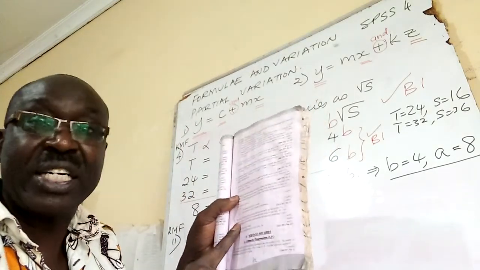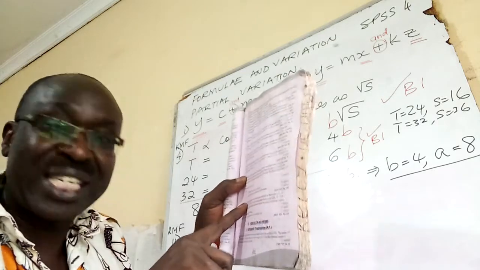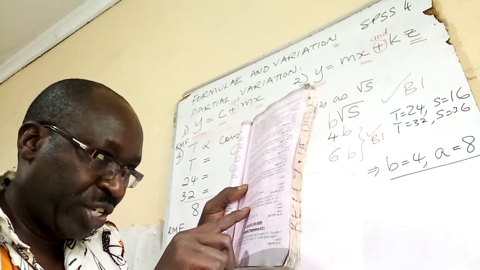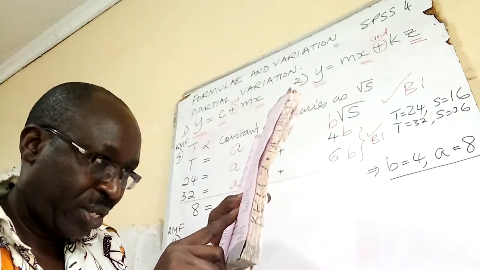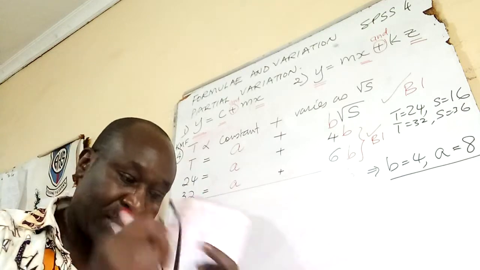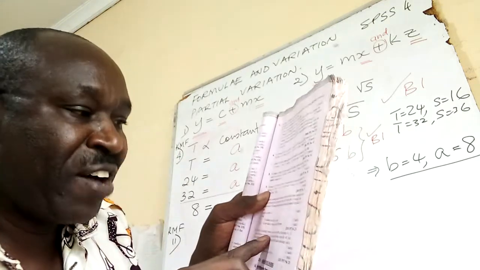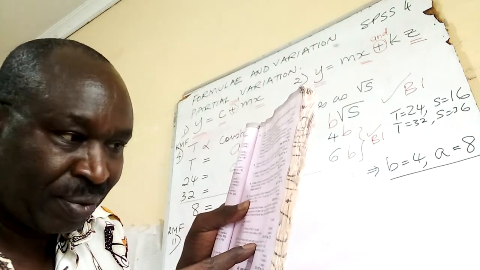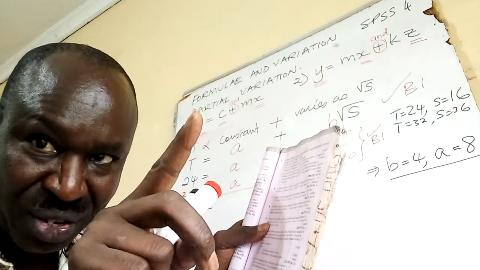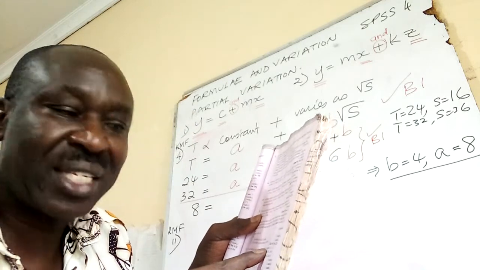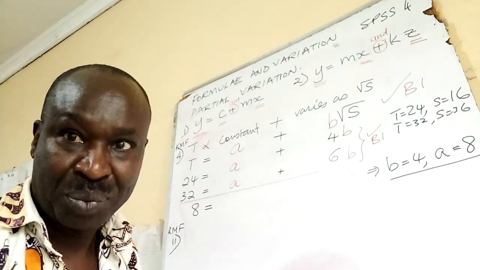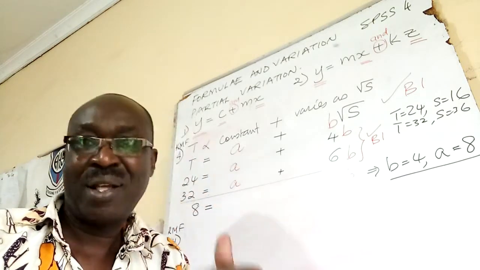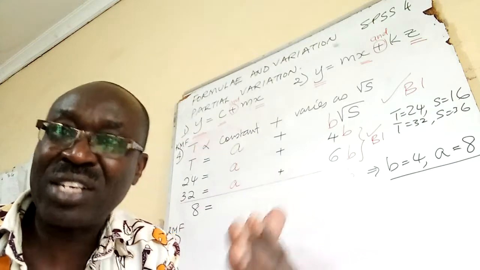Number 11 says, the cost C of producing n items varies, now he has started, varies partly as n and plus as the inverse of n. So partly as n and partly as inverse of n.